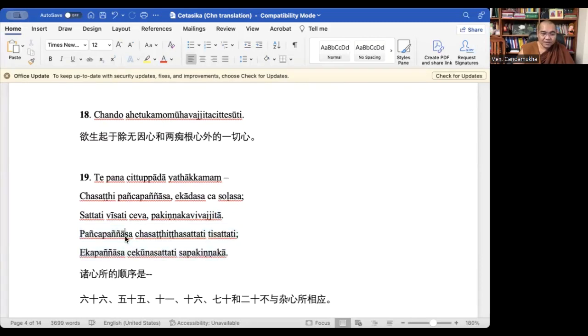Panja Banyasa, Vidaka associated with the 55, Vijara associated with the Chasati 66, and also Atasatati. Atasatati is 78, Adhimokha associated with the 78, and also T Satati 73, Viriya. Viriya associated with the 73.